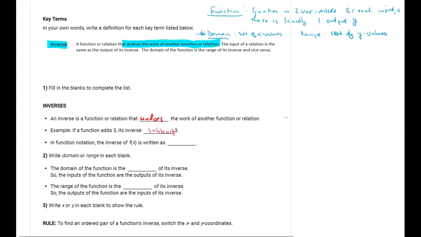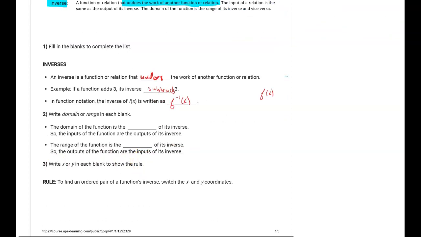Anytime we talk about a function, if I give you a function, I would say f of x. When we talk about the inverse of a function, you'll see a little exponent -1 up at the top, and you would say the inverse function of f.